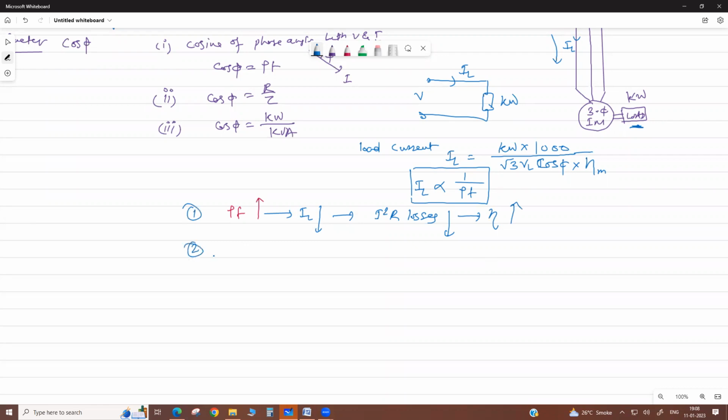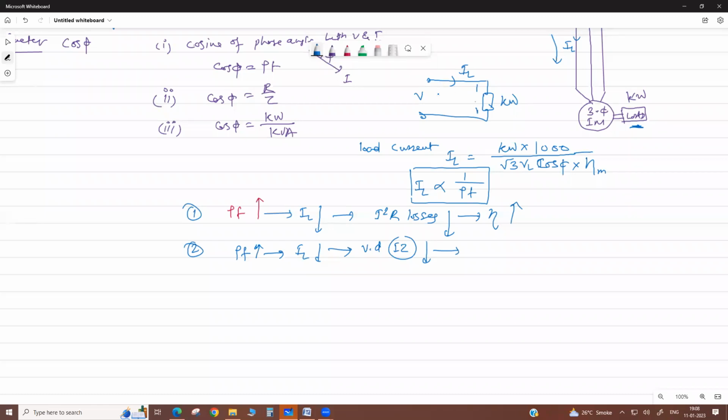Second, if power factor is high, current is low, so the voltage drop in the circuit, IR or IZ, will be reduced. It means the load gets sufficient voltage.